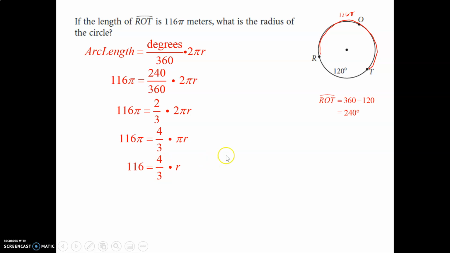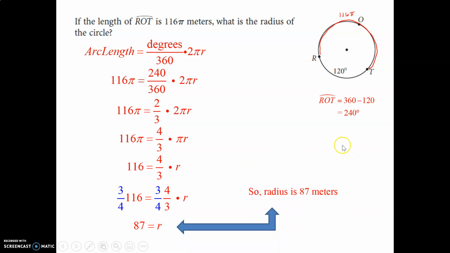And now to get rid of that 4/3, I multiply both sides by 3/4. So here the 3's cancel, the 4's cancel, I'll be left with an r. And here 3/4 times 116 gives me 87. So the radius is 87 meters. So that is the lesson on arc length, section 9.6.